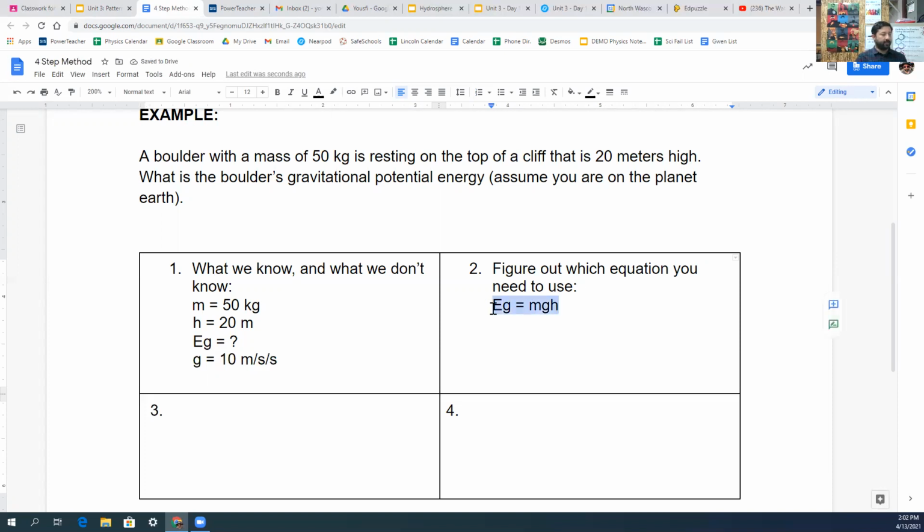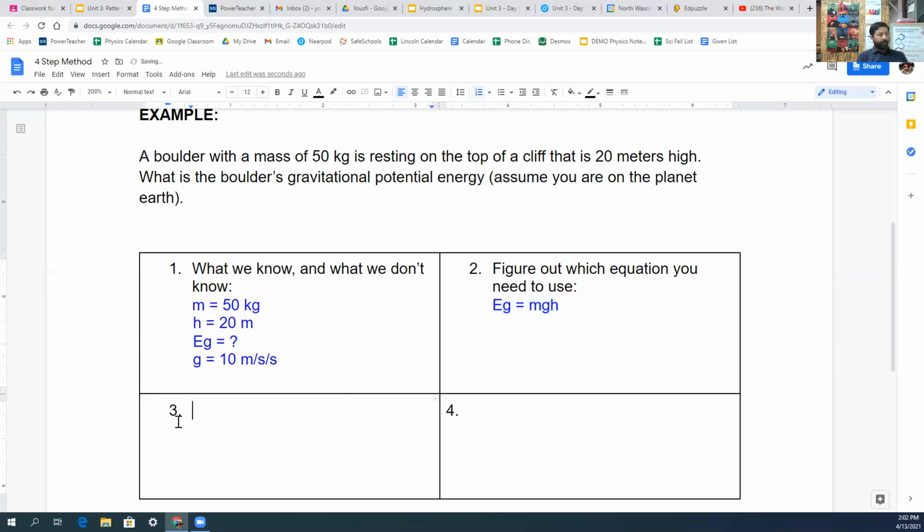I'm going to highlight these in blue so you can see what I'm writing. So box 1 is what we know and what we don't know.